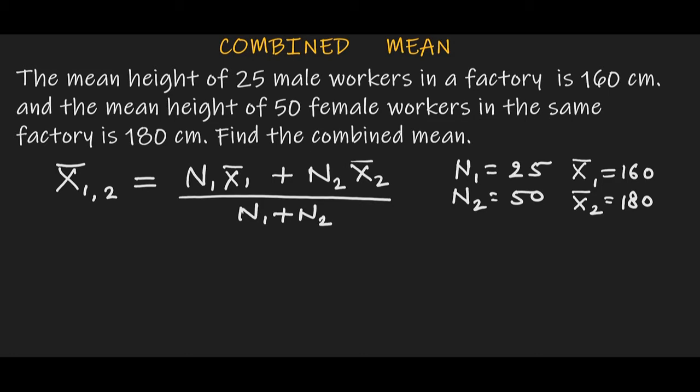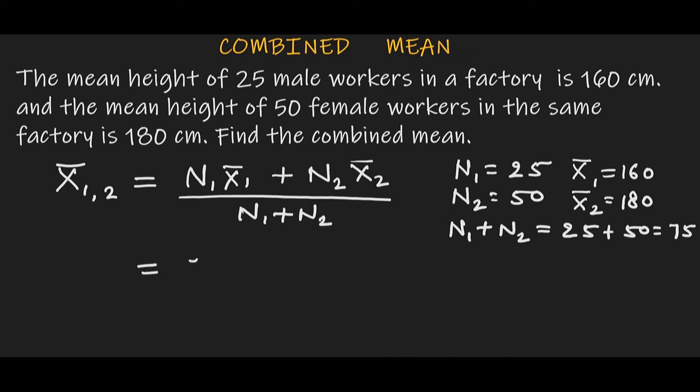Another thing is we have to now calculate n1 plus n2, which will be 25 plus 50 is equal to 75. So now we will put all these values in this formula and we'll solve this question.